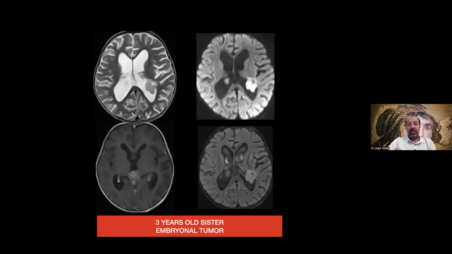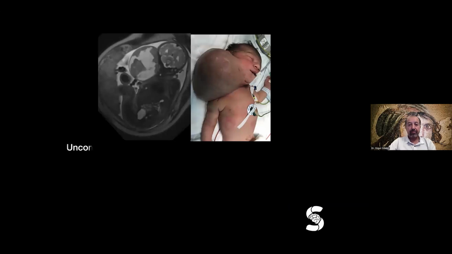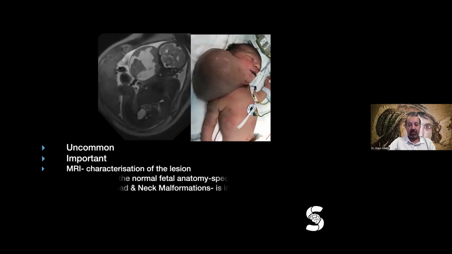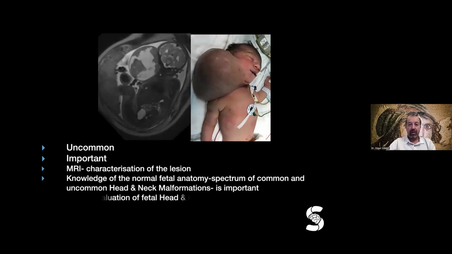This patient has a 3-year-old sister. This girl also has the diagnosis of embryonal tumor. This was the pathological specimen, and after birth, this lesion is similarly appearing.